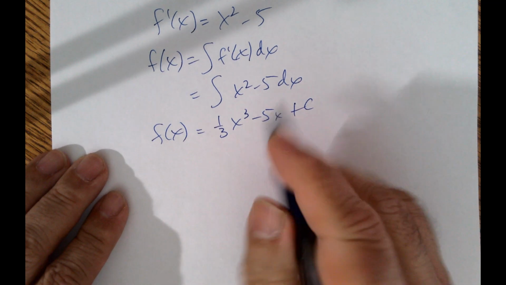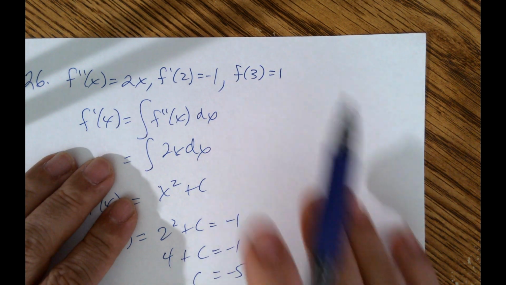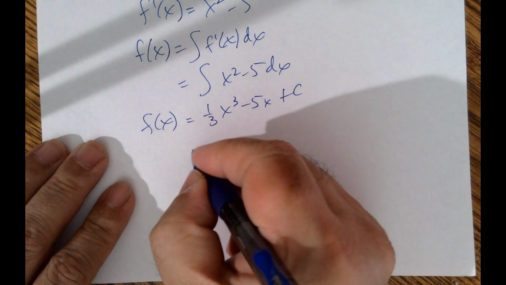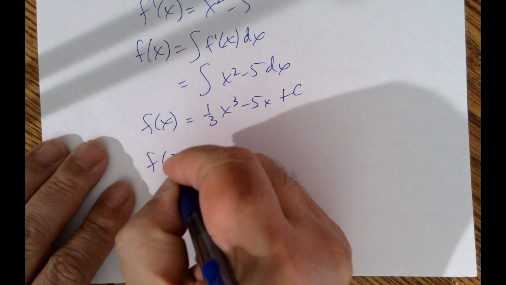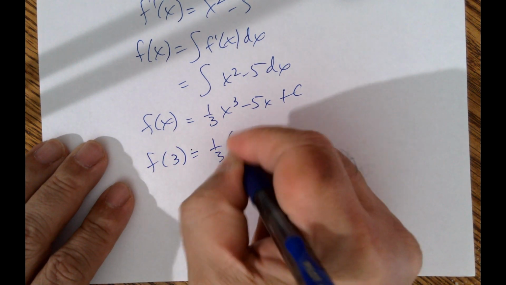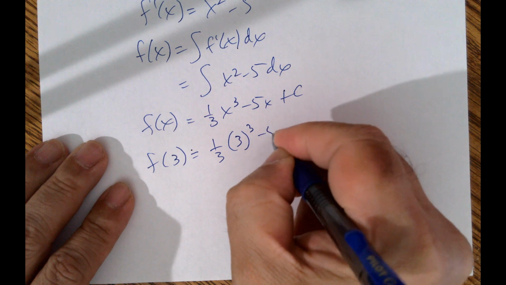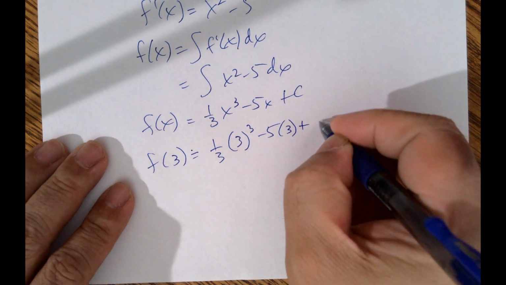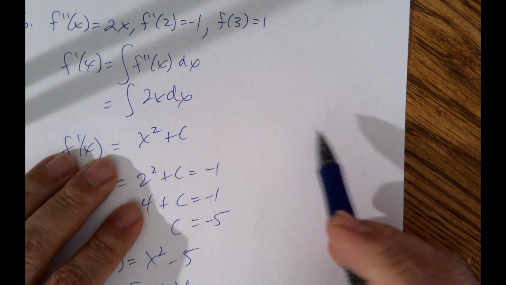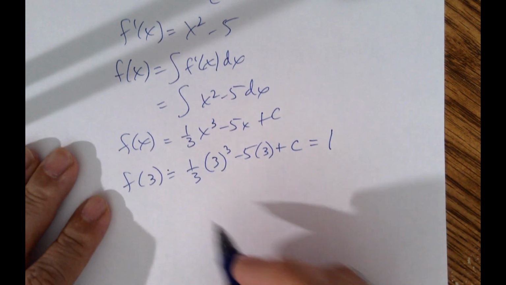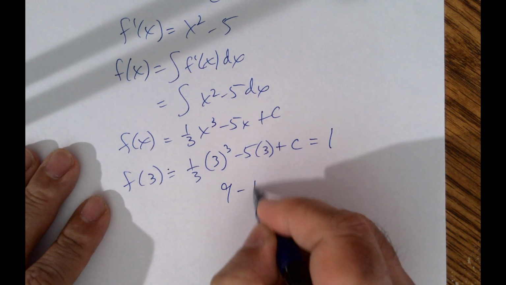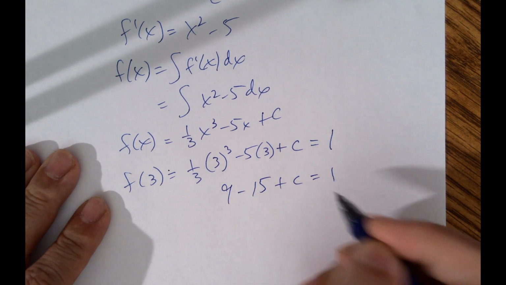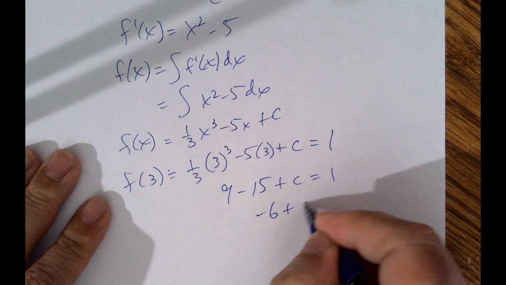So we find that constant by plugging in 3 for x. So f of 3 equals 1/3 times 3 to the 3rd, minus 5 times 3 plus c. And that's got to equal 1. So that's 9 minus 15 plus c equals 1. Negative 6 plus c equals 1.